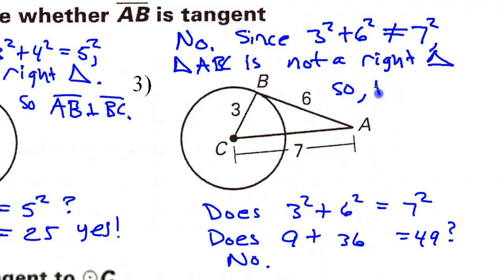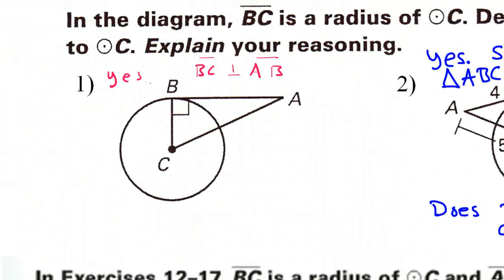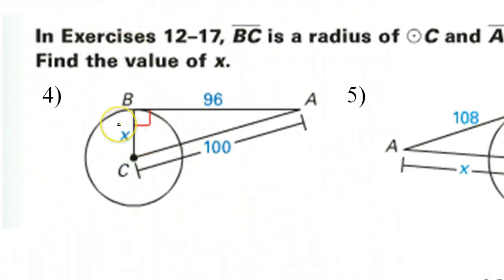So BC is not perpendicular to AB, which is why we say no. BA can't be the tangent. Alright, that's crucial.